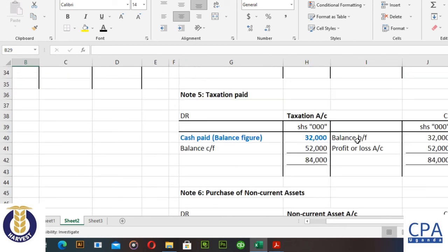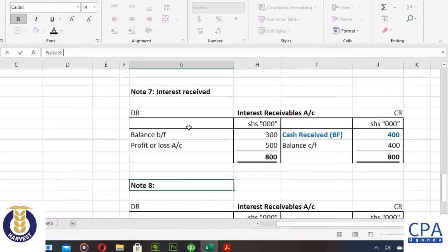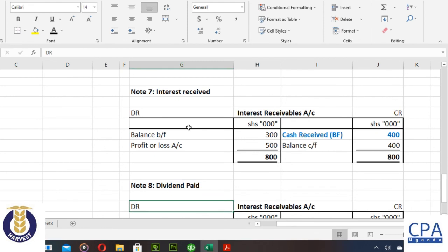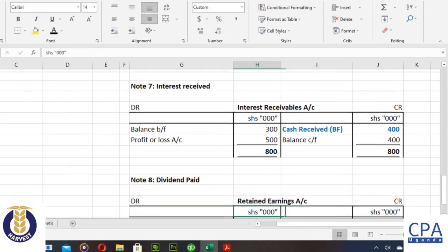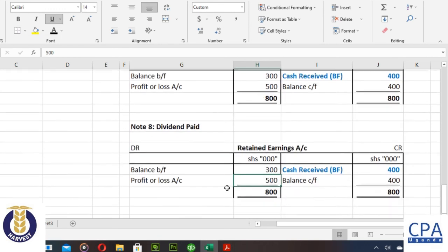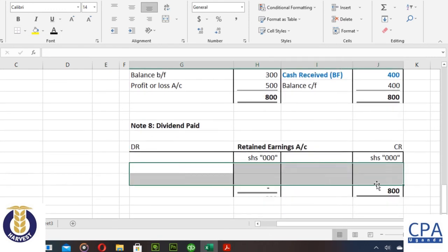Okay, note number 8. This is the dividend paid. So this is going to be the retained earnings. I'm going to reconcile the opening and closing balances of the retained earnings account. And of course you all know the behavior of retained earnings.